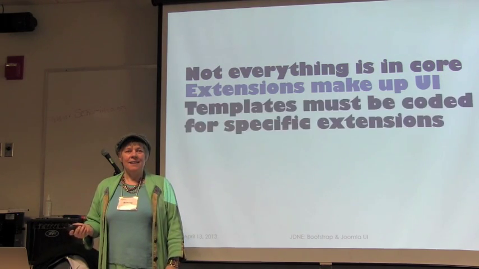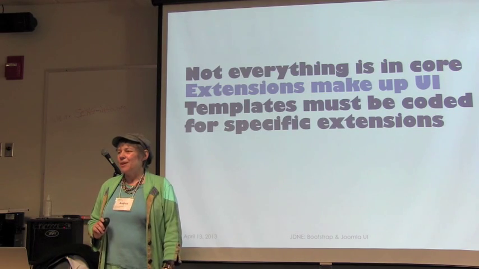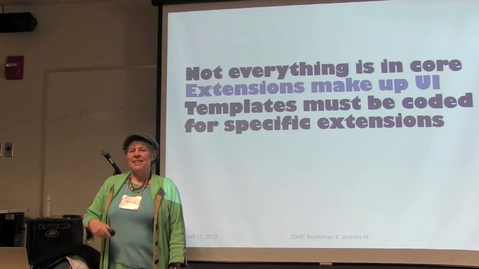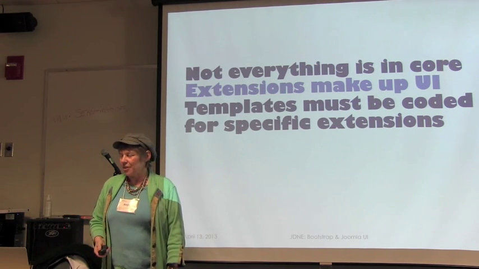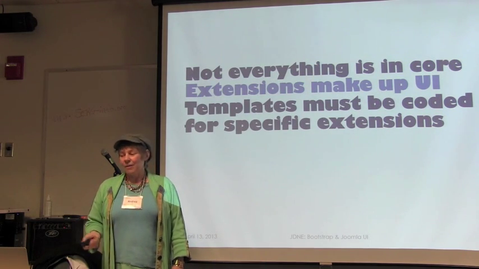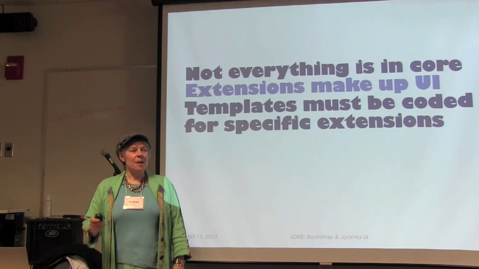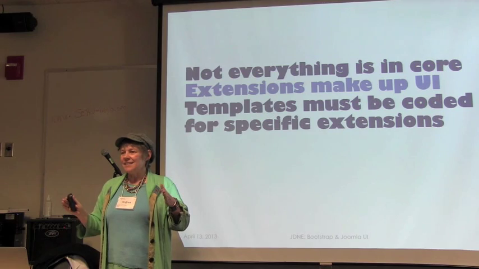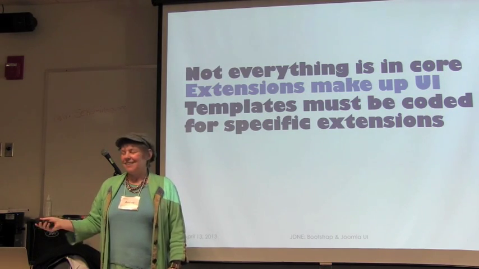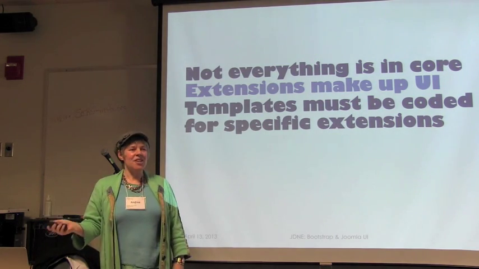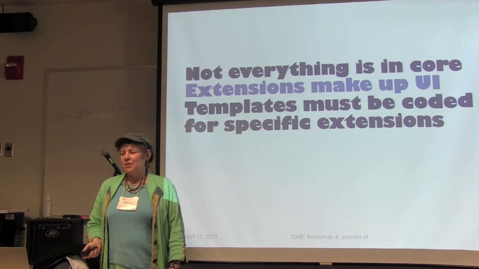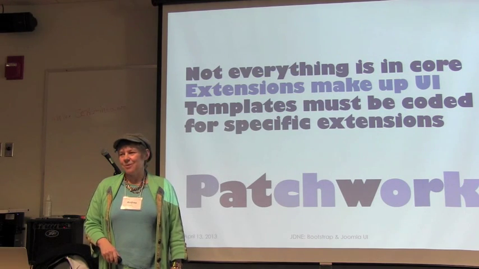Which means that templates have to be coded for every single third-party extension that starts using some of this other UI. Or what will happen is that the extension itself includes all of the CSS, and it looks nothing like what your template designer or you have designed and what your website looks like, which means it looks like a patchwork.